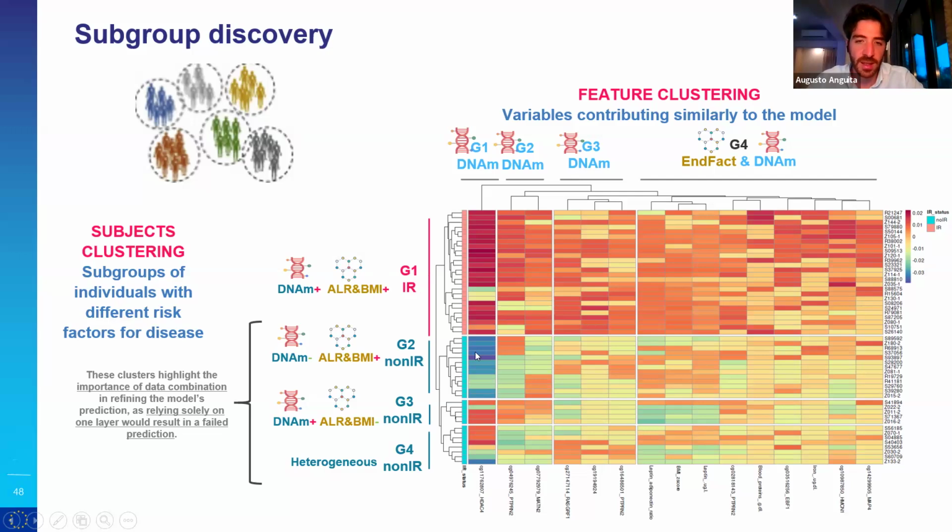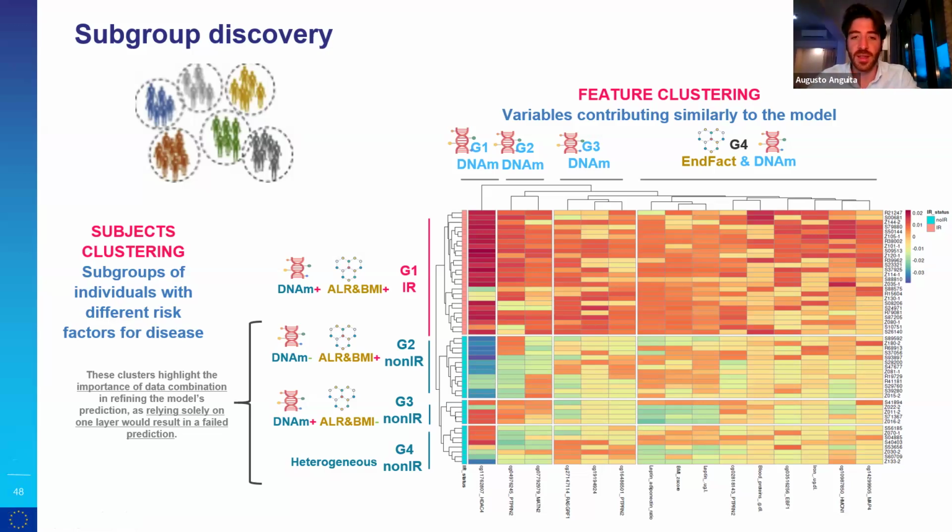And this is very interesting because we find here in this group, for example, DNA methylation data and endogenous factors contributing in the same way, putting these kids into the positive class. But for example, here, we can see a group with BMI pushing them to the positive class. Like here, BMI is more or less red. But the DNA methylation is pushing them to the right decision, the non-insulin resistant class.